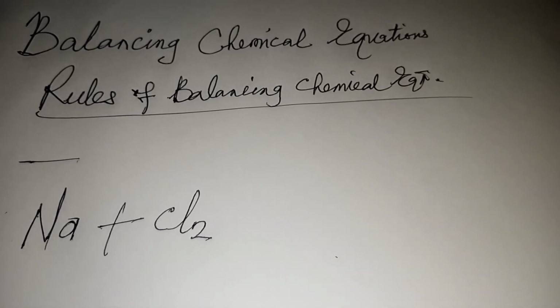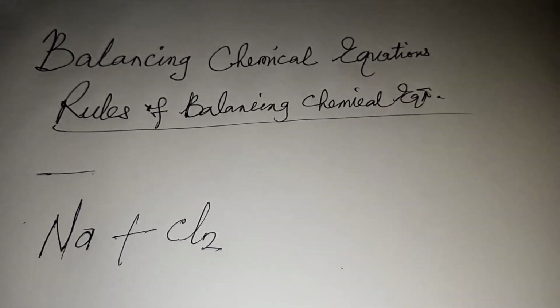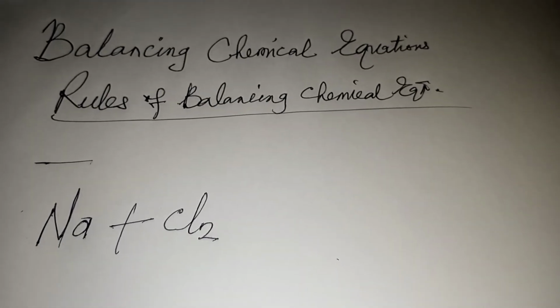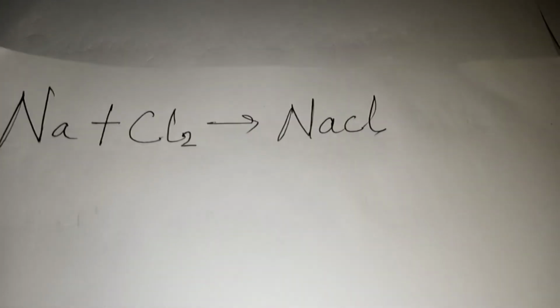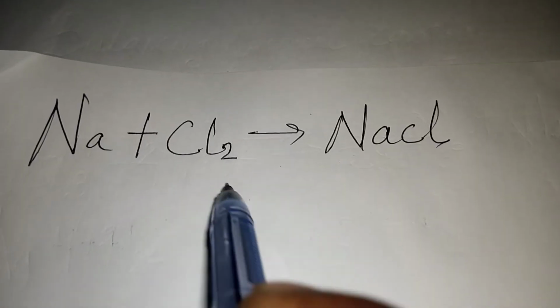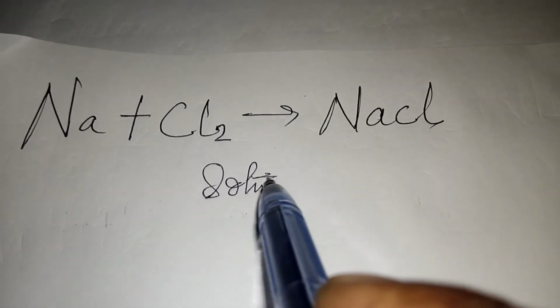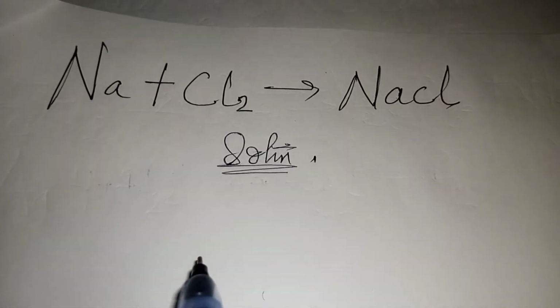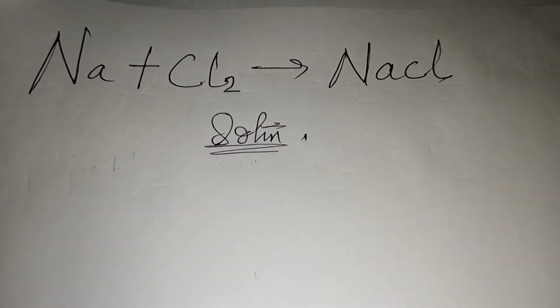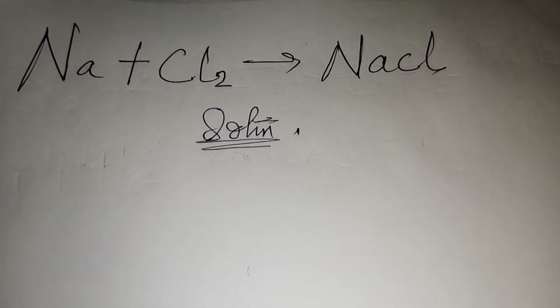All right, let's move straight to solving problems under balancing chemical reactions. We have a problem here. Let's balance this equation. To make it simple, I'm going to show you a simple method of doing this.